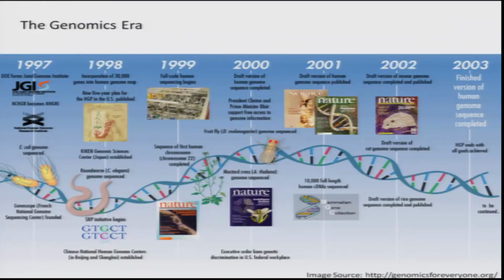For example, the C. elegans genome sequence was initiated, and they also developed other ways. For example, it is not only the sequence that helps us, we need to understand what is the variation between two individuals, or the one that are healthy and not healthy.